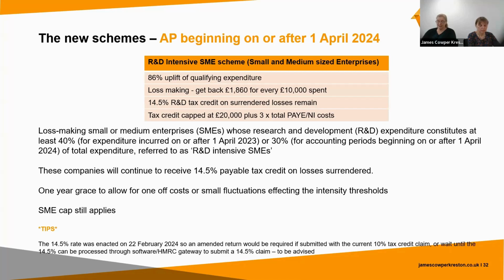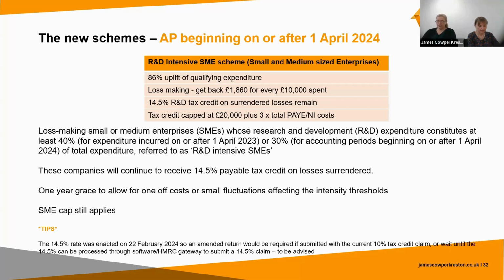The intensity required for a company to be within this scheme is that currently it's 40% of the company's expenditure that is in relation to qualifying R&D, and that is changing to 30%. So more companies hopefully will come into the scheme when that percentage reduces.